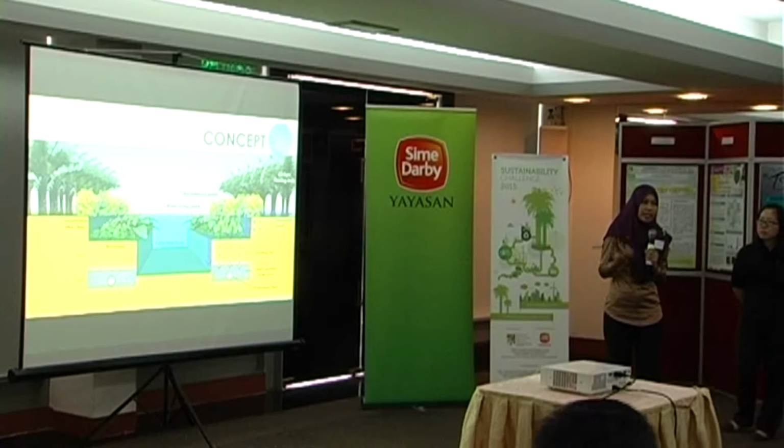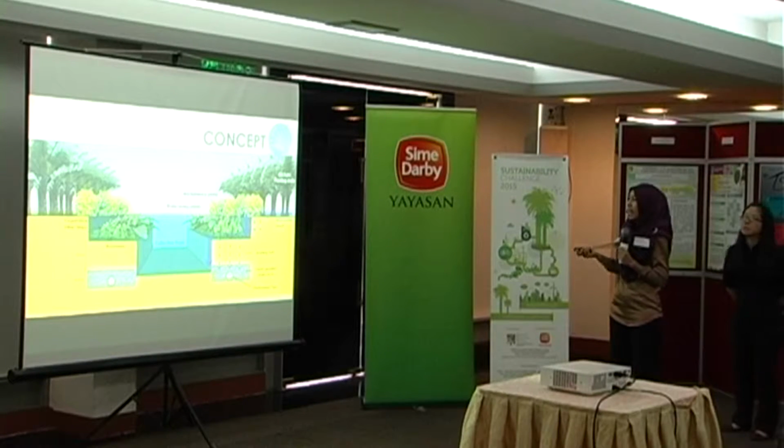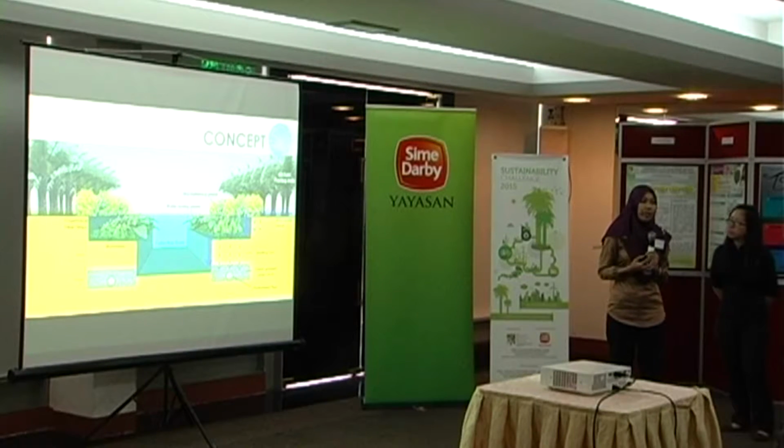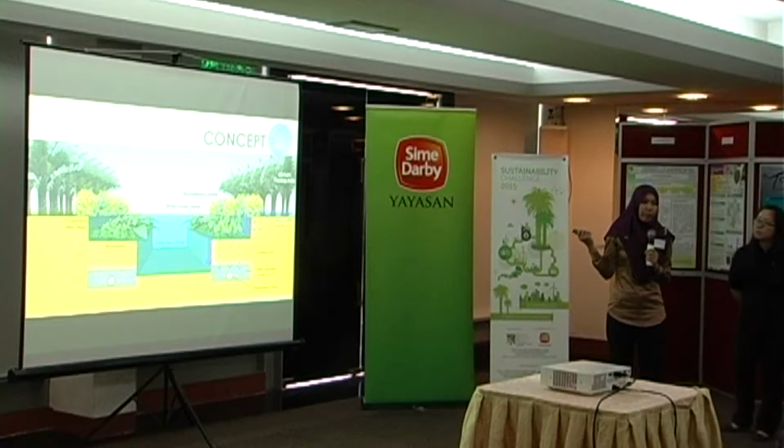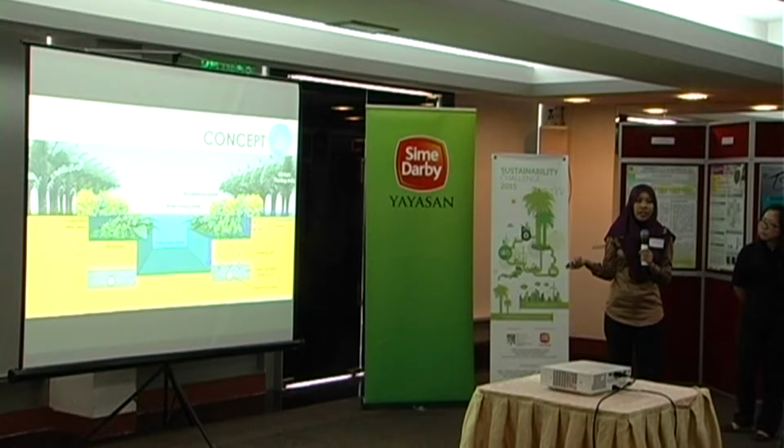These three pests are common infestation problems in the oil palm industry. And for the bioswale, we recommend the use of water-loving plants, so they can filter out the nutrients, sediments, and pollutants more efficiently.